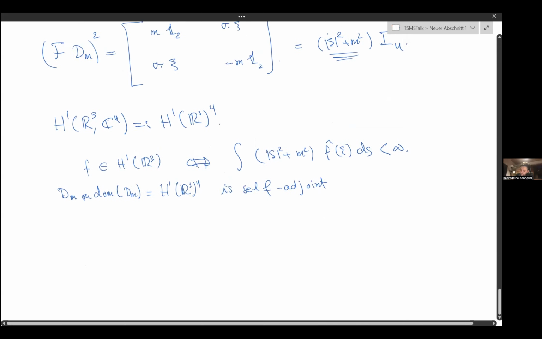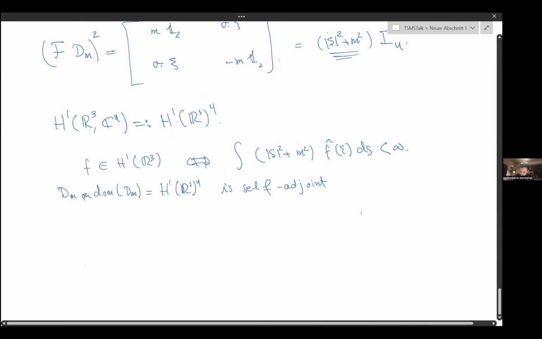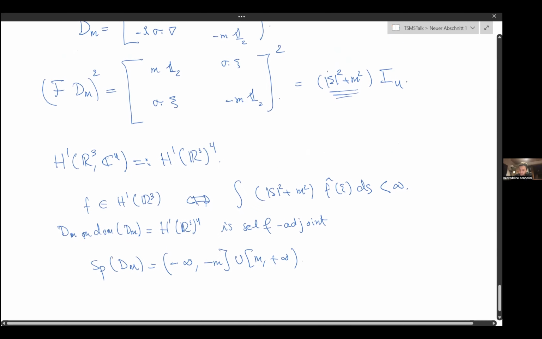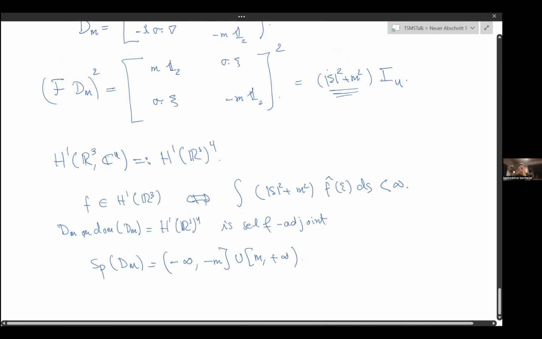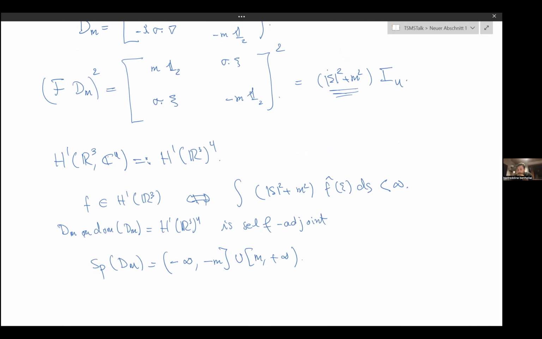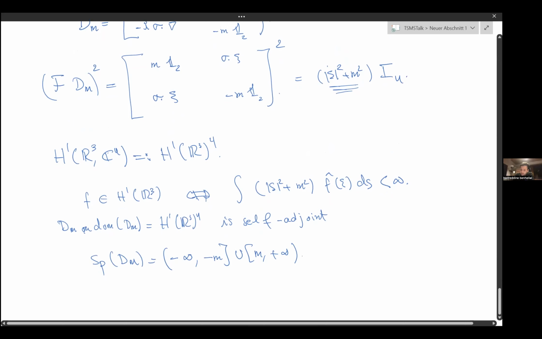And moreover, the spectrum of this operator is given by the union of these two intervals, minus infinity to minus m, union m to plus infinity. You see it from this: when you have a multiplication operator like this and such a unitary equivalence, the spectrum is just here. Be careful, here we took the square.